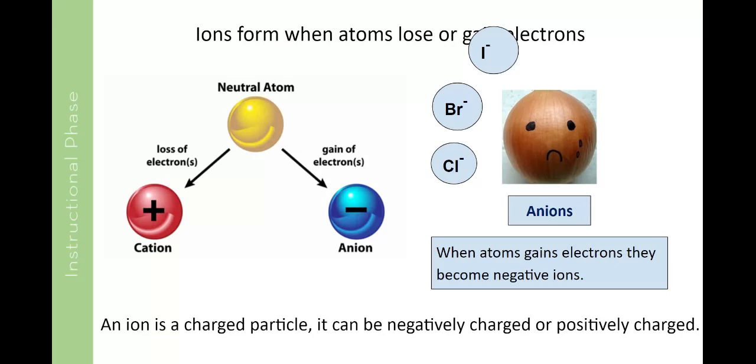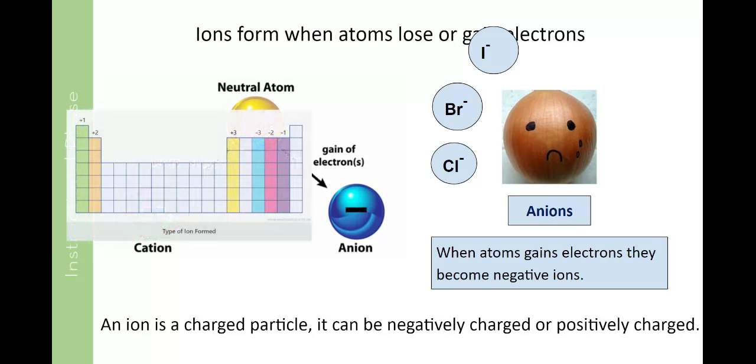If you look on your periodic tables in your planners, these are all ions formed from group 7 elements. Now remember, if they're in group 7, they all have 7 electrons on their outer shell. They gain an electron to form a full outer shell, and that's why they become negative by 1.